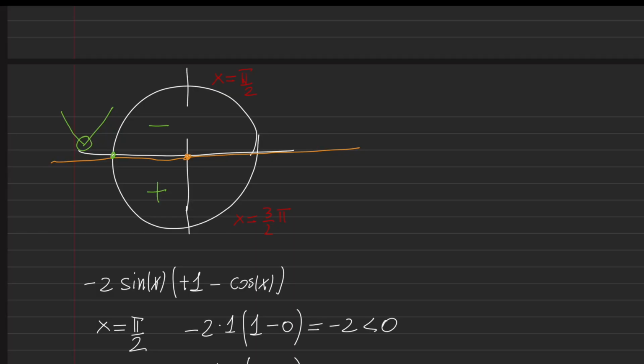And at the point 0, the first derivative first goes up and then goes down, which means that we have a local maximum. So from this plot, we deduce that x equal to pi is a local minimum, and x equal to 0 is a local maximum.